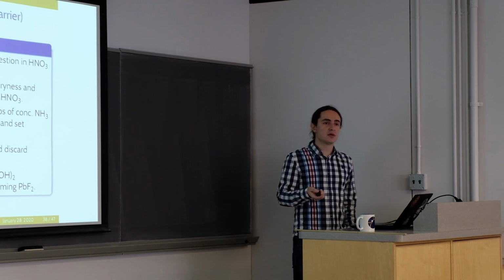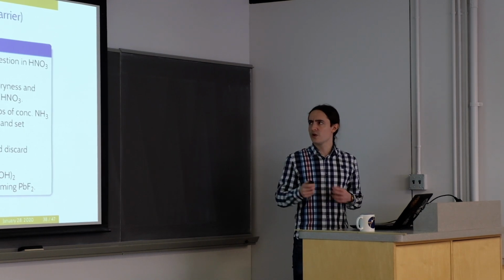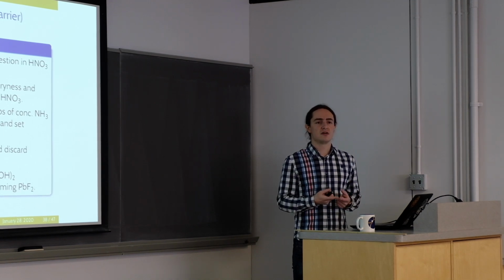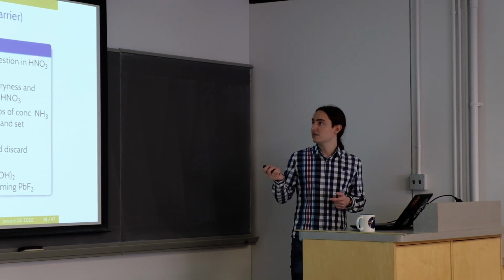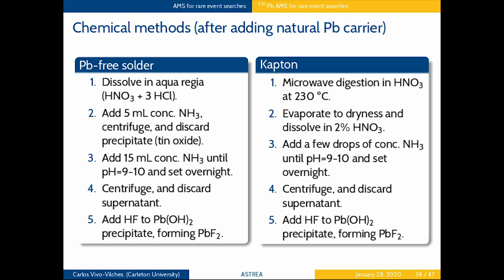In the case of Kapton, it is a very chemically resistant material. So we had to go to a microwave digestion system, digesting in nitric acid at pretty high temperatures, at 230 degrees. With that, we totally dissolve the Kapton together with the lead carrier. We observed also that when we come from concentrated acid, the final precipitation of hydroxide does not happen, or happens very little.